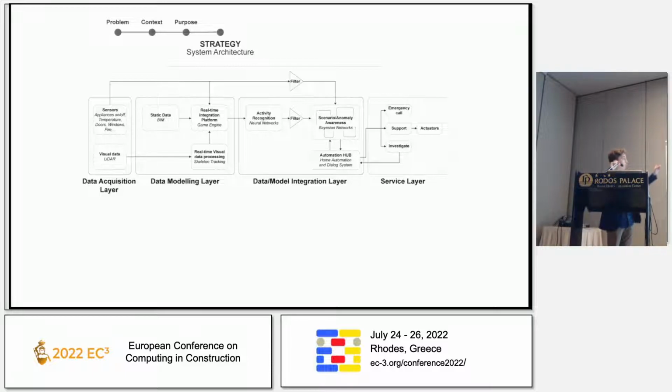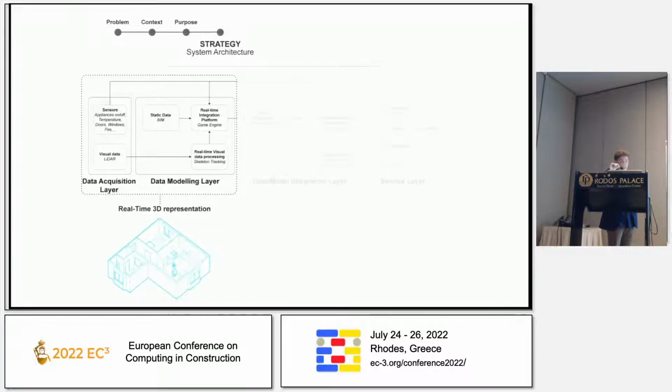From left to right, the knowledge about the real environment develops, starting from the computation required to manage the virtual real-time representation of the context that is included in the first 2 layers. This representation consists of 2 main parts.